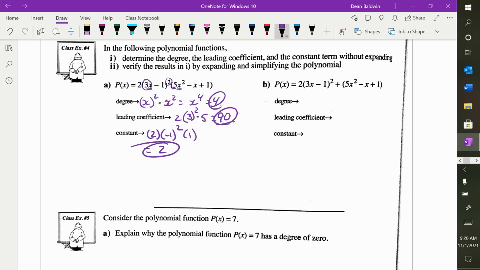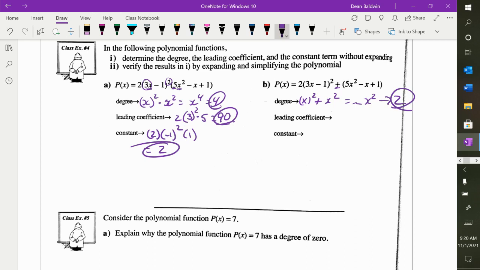All right, B. Degree. Is the degree 4? 2. It's 2 because of this addition, because it's like this x squared plus that x squared, which is just some term x squared. So the degree is 2.